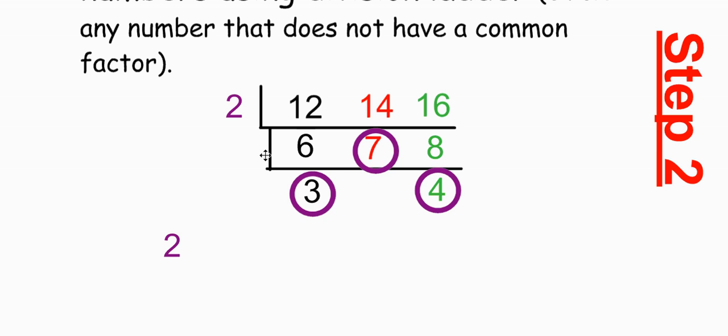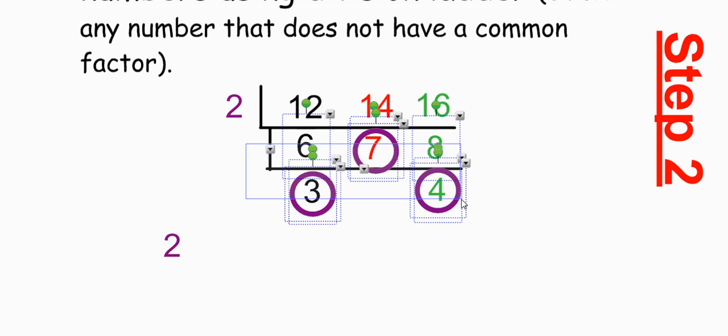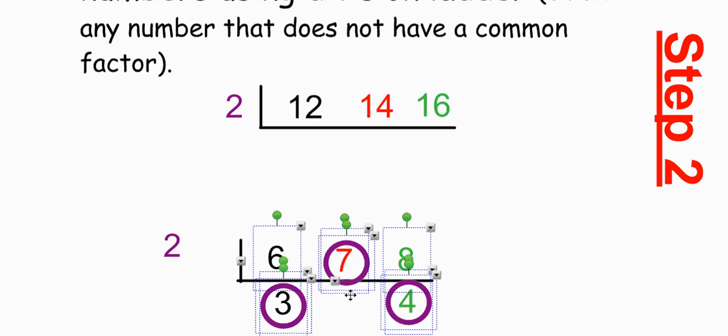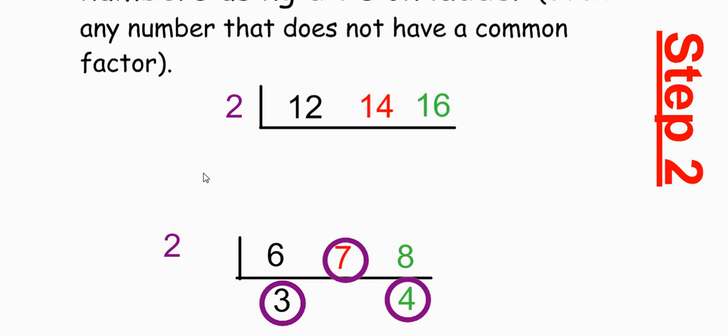So actually, if I pull all of these numbers down, and I'm going to get them out of the way down here, the first thing I ask myself using my divisibility rules, are all of these numbers divisible by 2? And they are, because they end in 0, 2, 4, 6, or 8. Then I go ahead, and 12 divided by 2 is 6, 14 divided by 2 is 7, and 16 divided by 2 is 8.